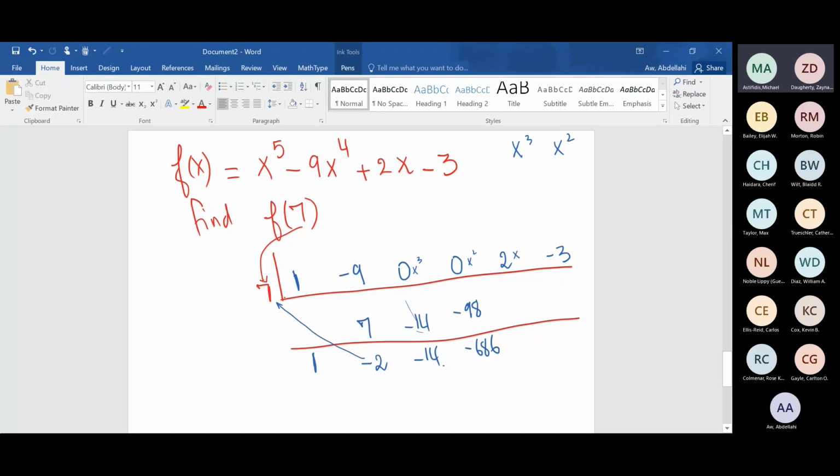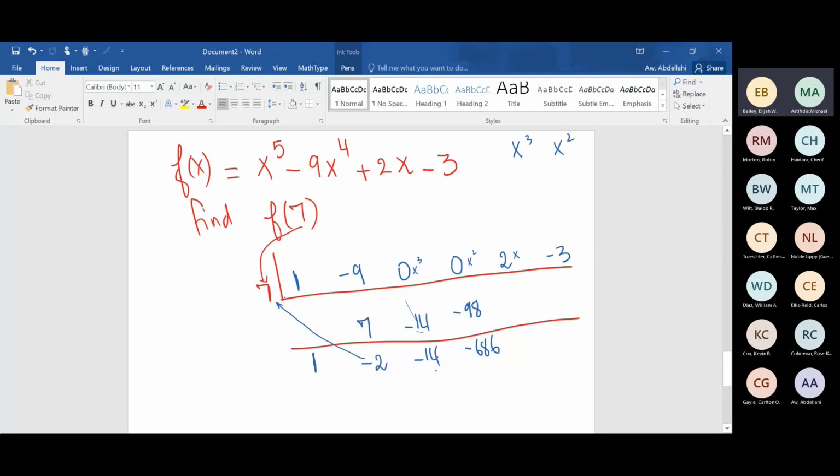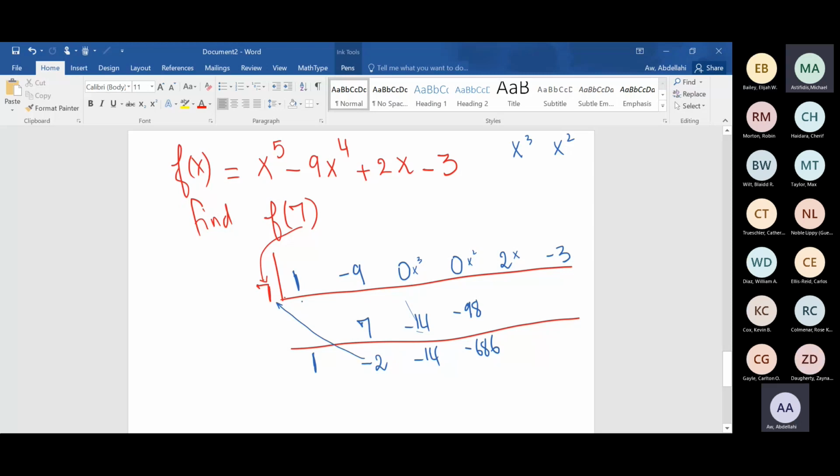All right. You add up and get the totals on the bottom. You multiply the divisor by the total. So 7 times -2 after you add up 7 and -9. So you drop the 1. You multiply. It's always like some type of triangle like this. You multiply by 7 and you put it here. You add them up. You get -2, and then you multiply by 7. You get -14. You add these 2 up. You get -14.